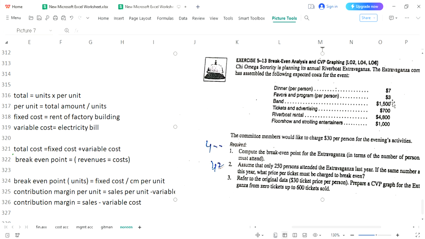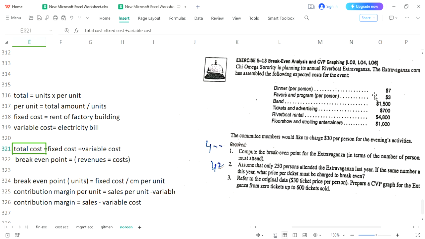So let me know these above two costs are of which type. There are only two types of cost, as you can see over here. When you calculate your total cost, it has only two elements, fixed and variable. So let me know these two above costs, 7 and 3 per person, what kind of cost these are. If they are totally dependent upon persons and it's not a fixed amount, it means if you increase your number of persons, this cost will be increased. I'm giving you a simple example.